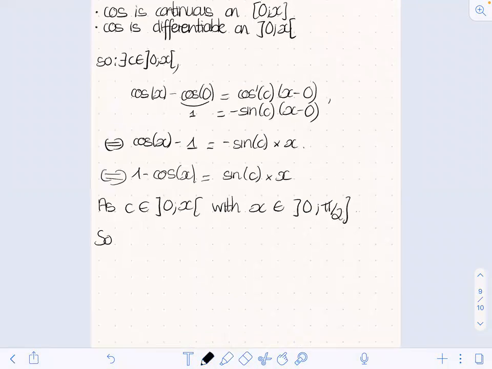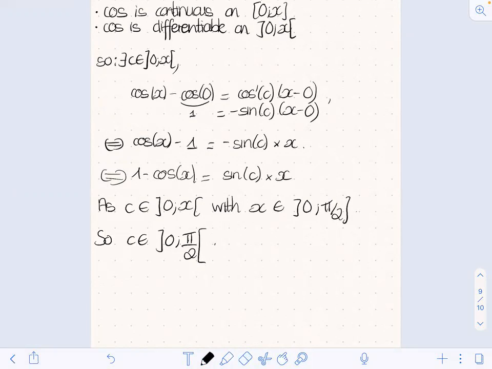So C can basically be anywhere between 0 and pi over 2. Can we say anything about the sign, or the values of sine of C for C between 0 and pi over 2? It's between 0 and 1.